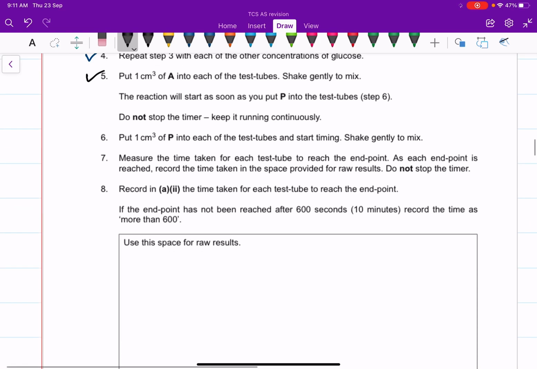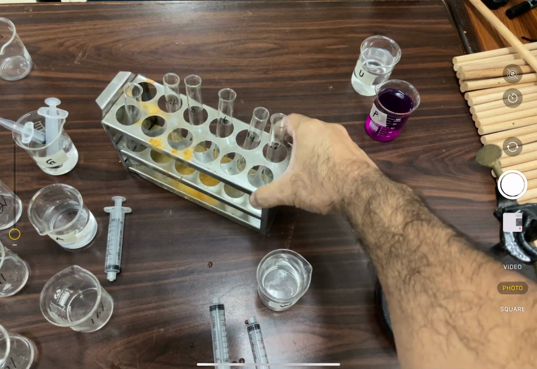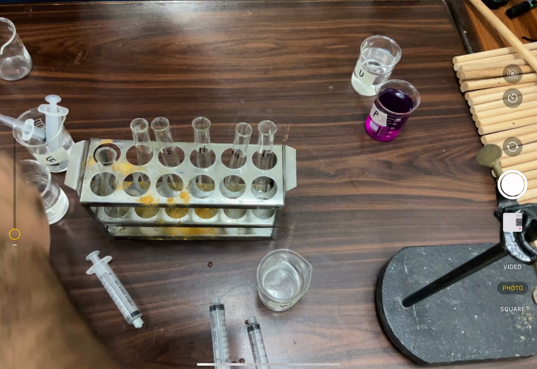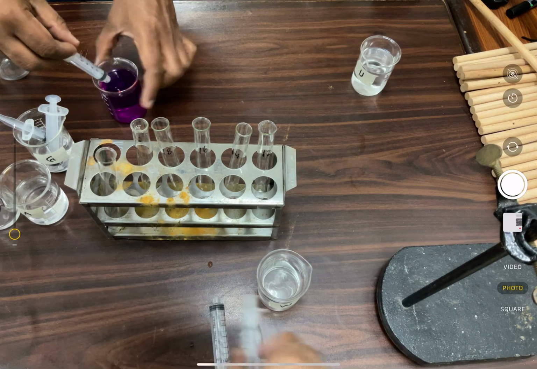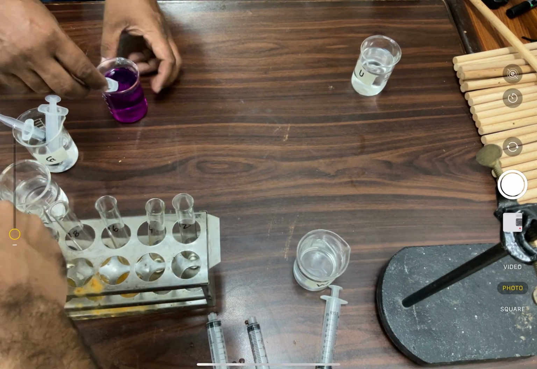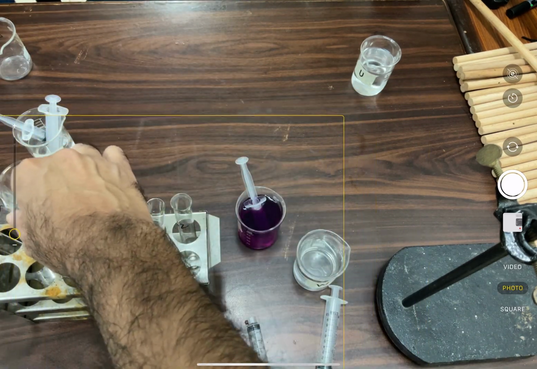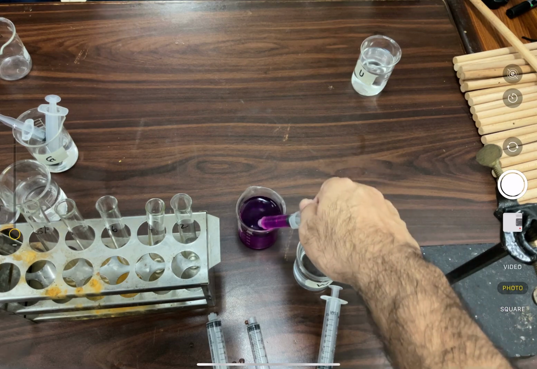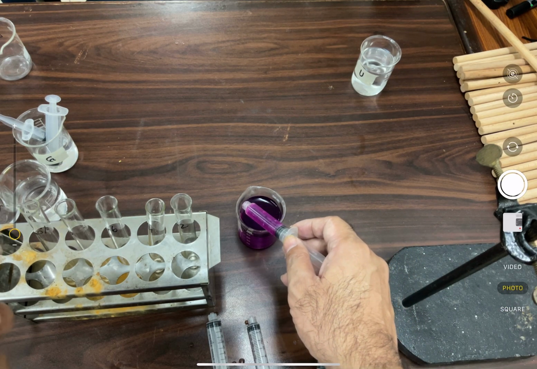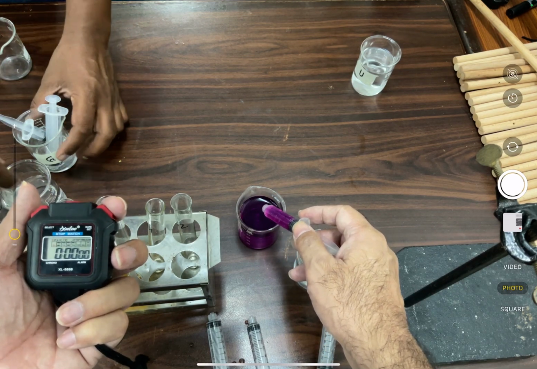So what we'll do is, I have these test tubes. 1 cm cube of P has to be added into it. So I will take 5 cm cube of this P in this syringe, and I will start the timer.